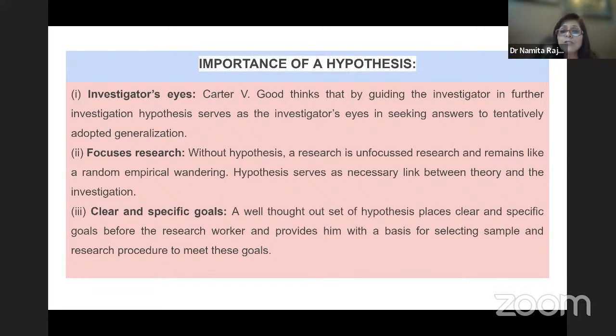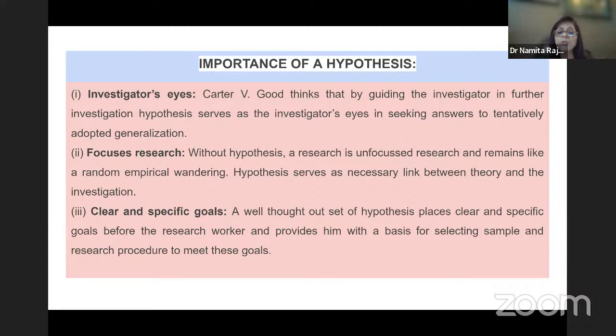It actually focuses the research, because sometimes the research is unfocused, random, which is not the actual researcher's cup of tea. The researcher's cup of tea is what? A focused, a narrow, a deep research. For that, hypothesis is a very vital tool to achieve focused research. And of course, clear and specific goals.